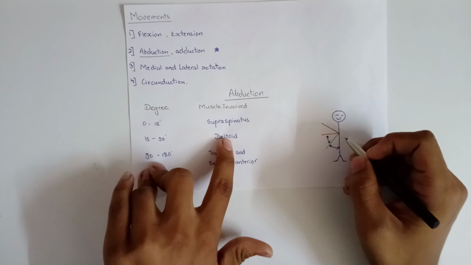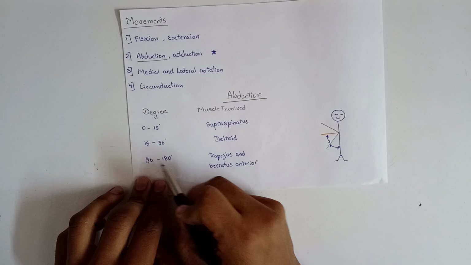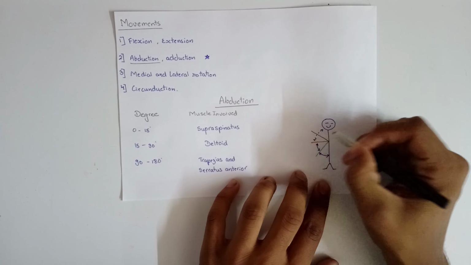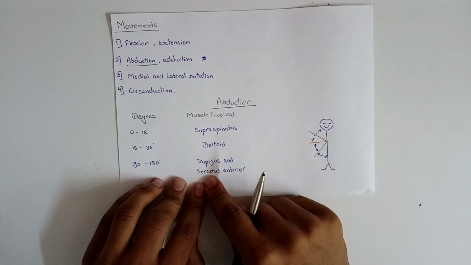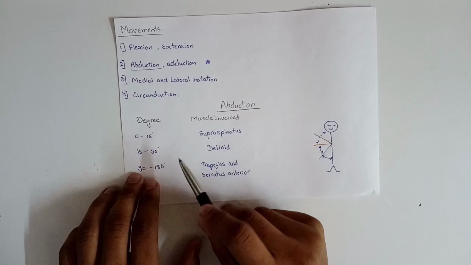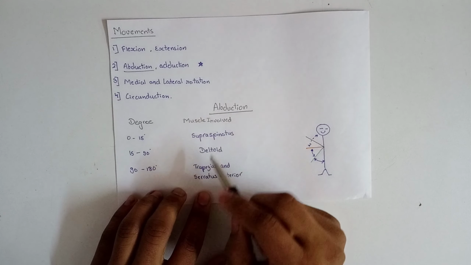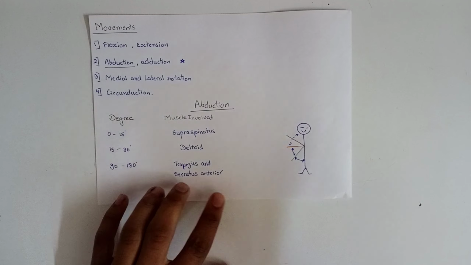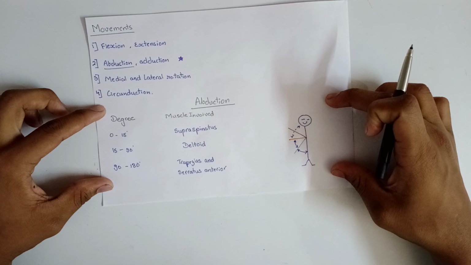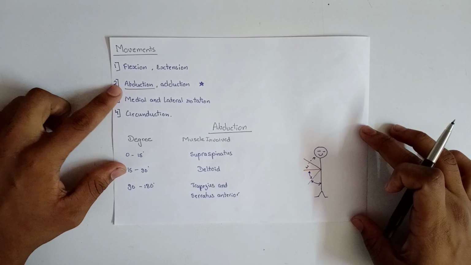And from 90 to 180 degree, we have 2 muscles involved: trapezius and serratus anterior. So from 0 to 15 degree, supraspinatus, 15 to 90 degree deltoid, and 90 to 180 degree trapezius and serratus anterior. So this is also an important point to remember in movements, abduction.